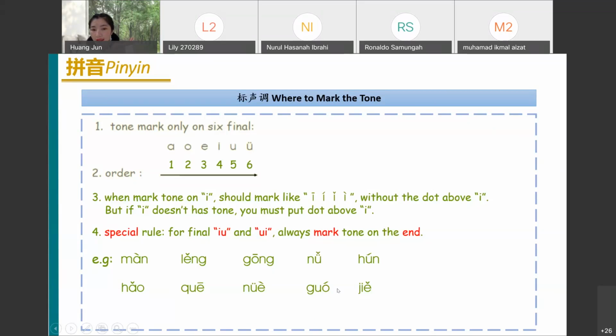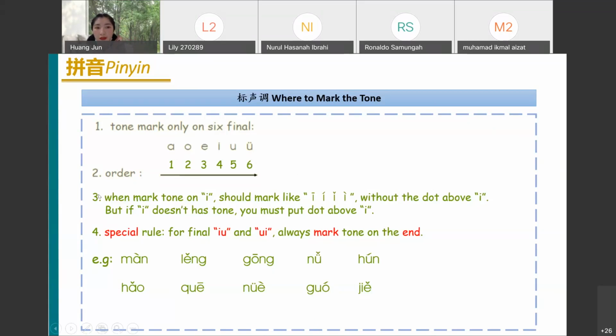Then guo, this example: U is number 5, O is number 2, so we mark on number 2 over here. Understand, this is the second rule. If there are 2 or more in one syllable, when you mark the tone, whichever letter appears in front, you mark on that one. Okay, this is rule number 2.